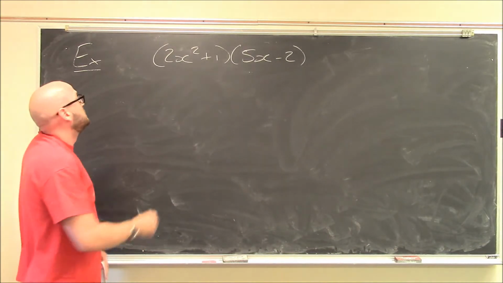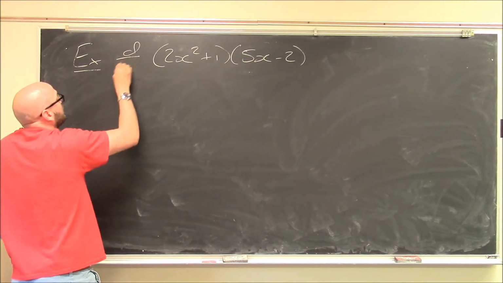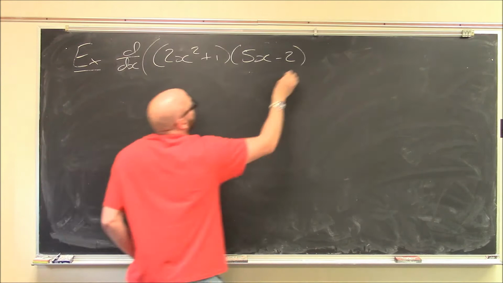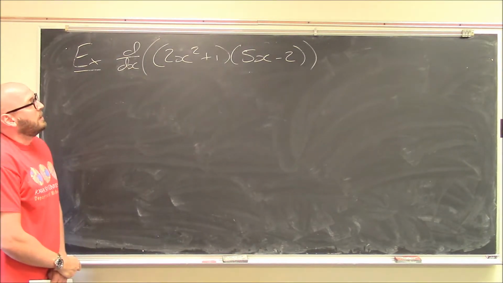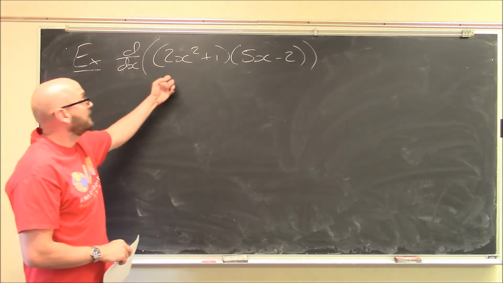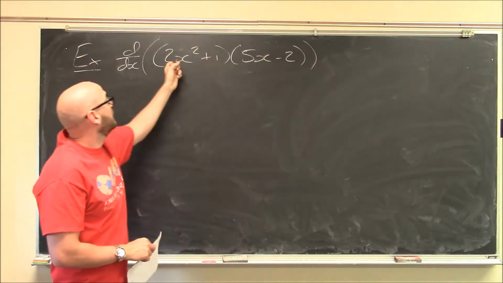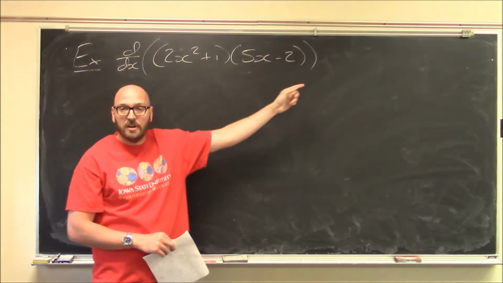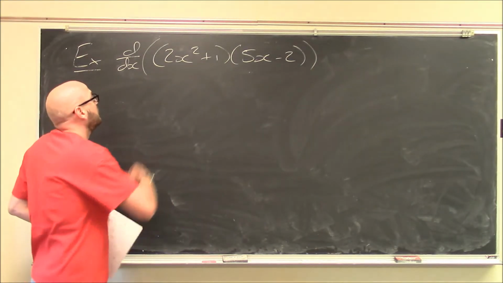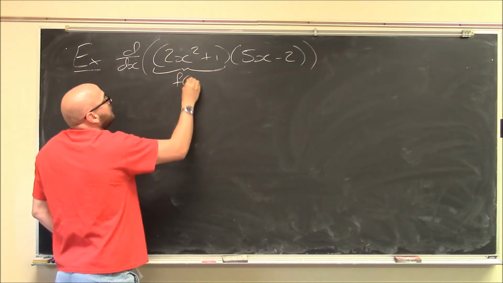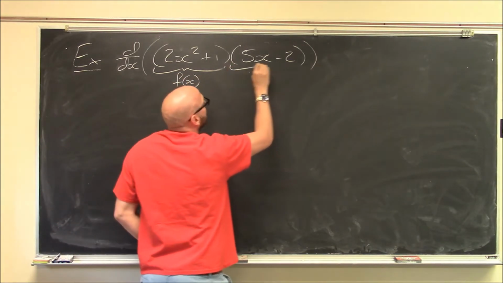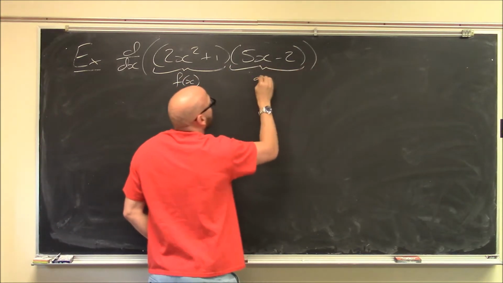So here's my function, and I want to differentiate it. Clearly, the way it's written is as a product. It's 2x squared plus 1 times 5x minus 2. It is a product of two functions. You can think of this piece as your f, and this piece as your g.